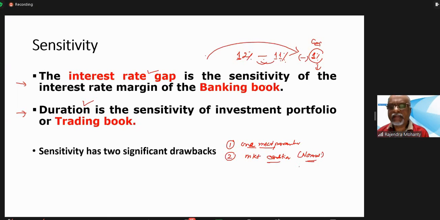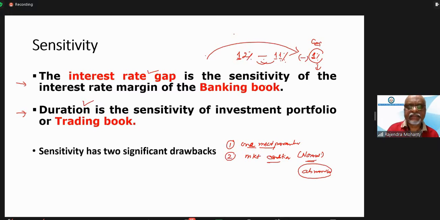When the market behaves abnormally on any day, there are rampant changes happening due to some economic reason or something, and the market environment changes frequently. In such cases, the accuracy of the sensitivity method may not be that correct. So accuracy will be less. Okay.